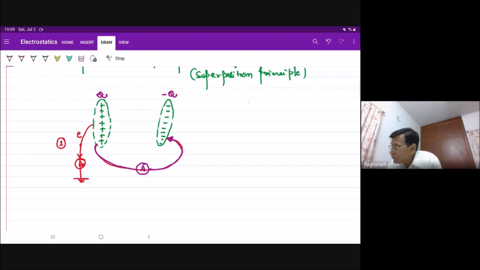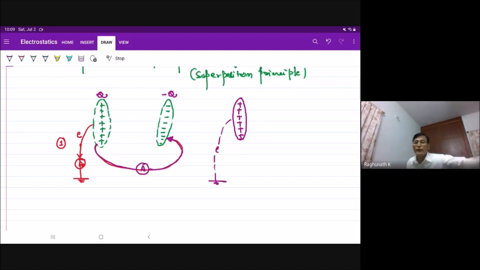Suppose you should tell me the procedure name. There is a positively charged object, charged by throwing the electrons into ground and then removing the connection. Agent is not there. This is positively charged.